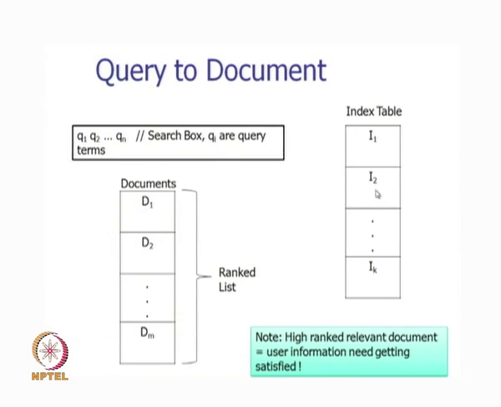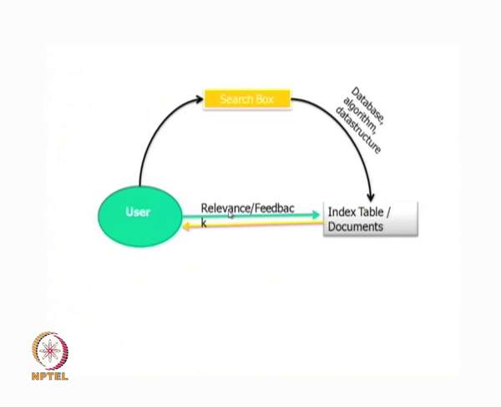So, index table contains these k indices I1 to Ik, and when we have the documents displayed such that highly relevant documents are occupying high rank in this list, then the user's information need is satisfied. So, we have a ranked list of documents here.